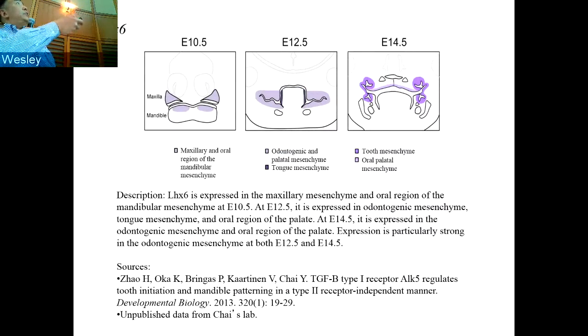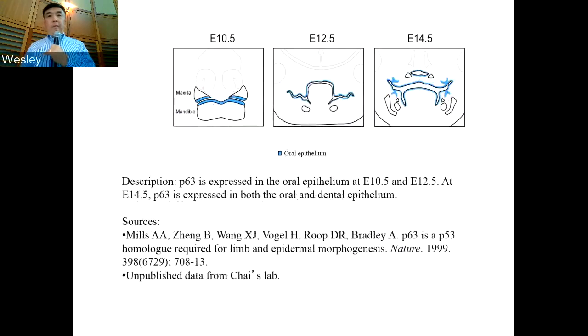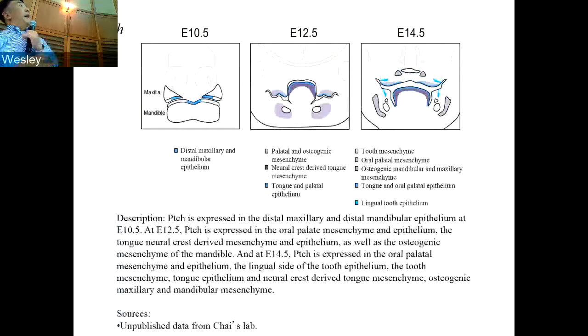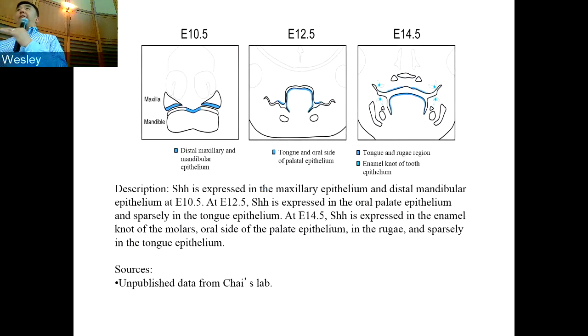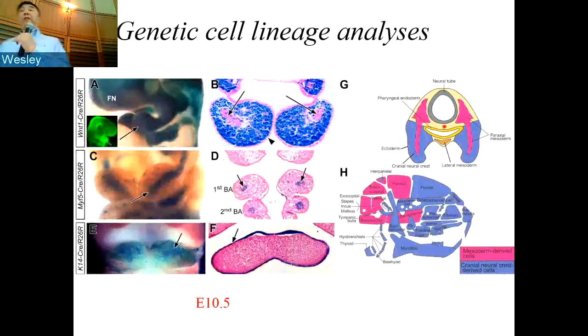And then here another important gene, LHX6, in the different stages of facial development. P63, another one, and then Patched. So you get the idea of how this type of data coupled with the gene expression analysis can help someone to look at the importance of the function of these genes in regulating craniofacial development.